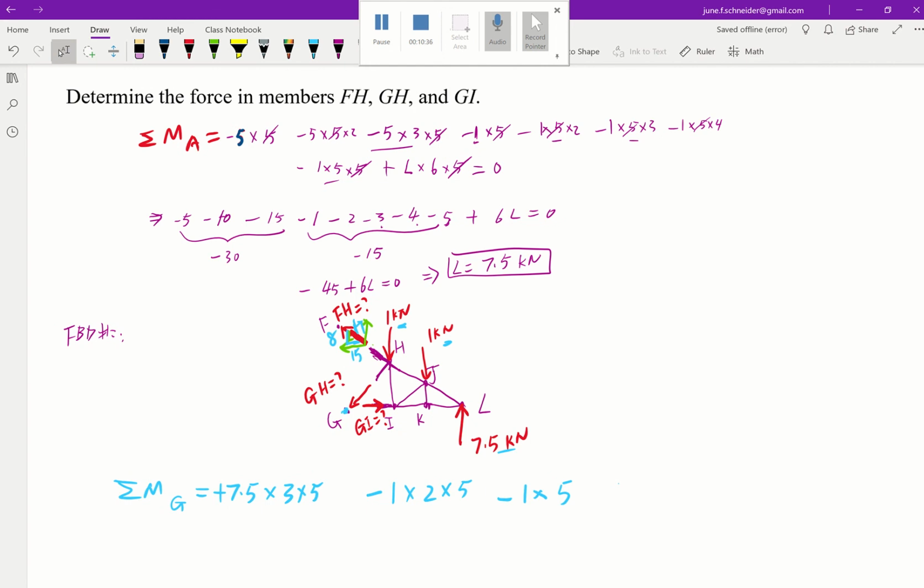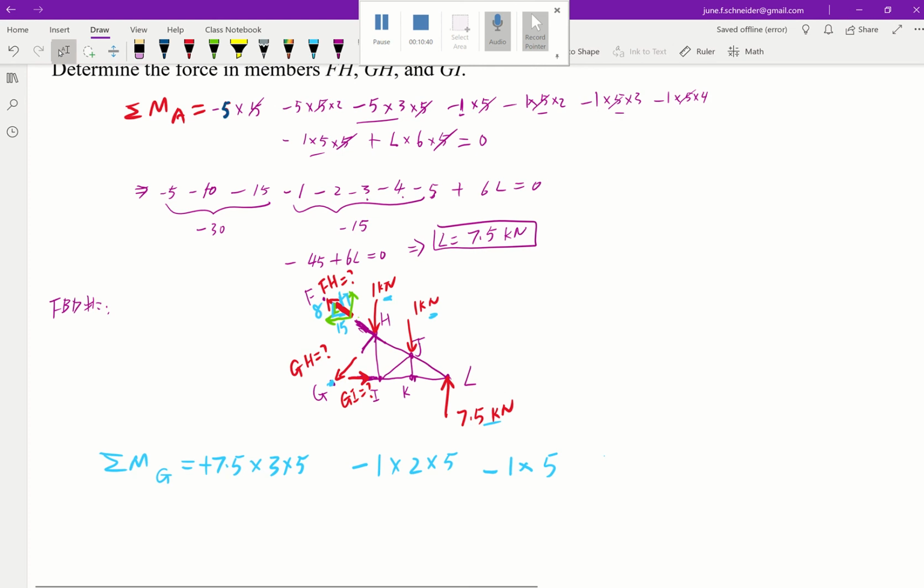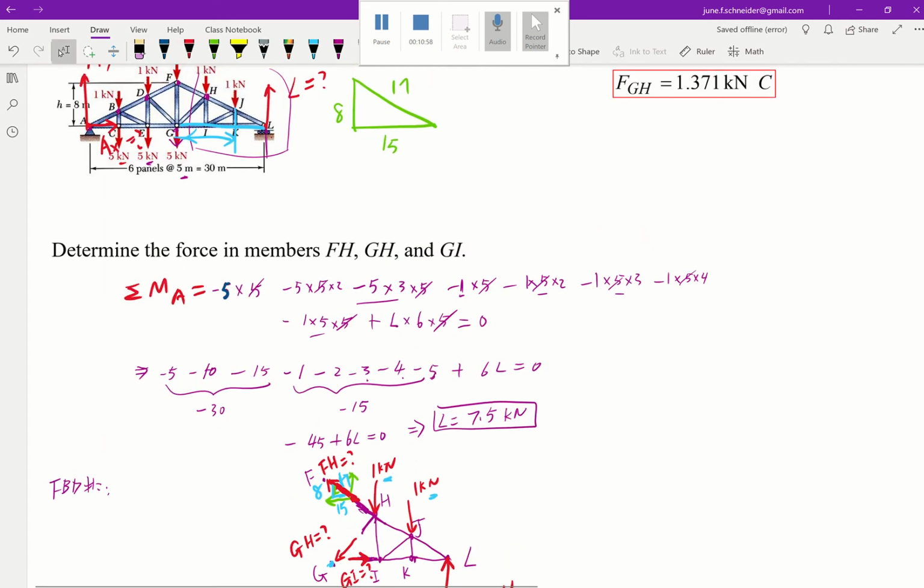Then we can go ahead and decompose, right? But here we're in a moment equation. We have to find out the moment arm. For the moment arm, we have to know where this force is applied. Here we said it's going to start on here. Again, remember when you make a cut, it's arbitrary. You can cut somewhere here or here as long as it's in between FH, GH, and GI.